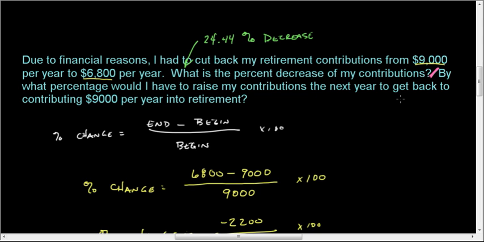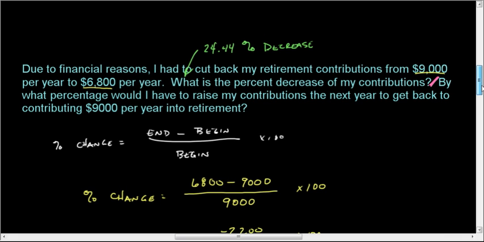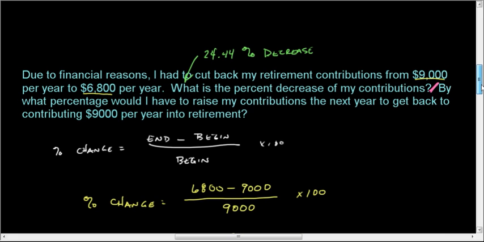Okay, so now the second question is, by what percentage would I have to raise my contributions the next year to get back to contributing $9,000 per year into retirement? Be very cautious here. We are beginning at 6,800 and going up to 9,000.